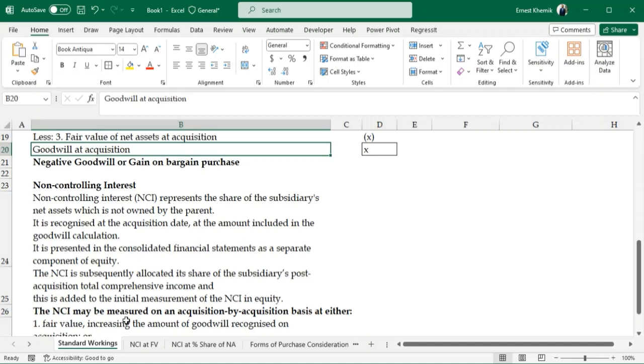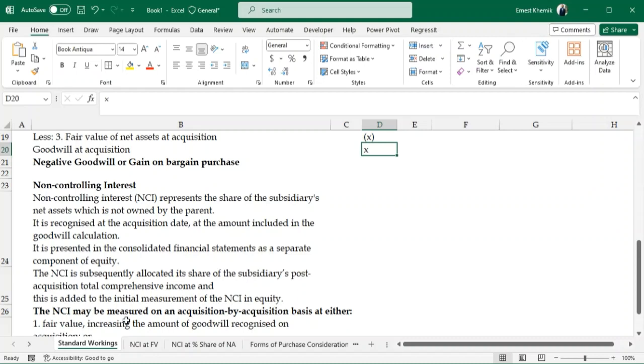I don't want to confuse you with plenty of standards yet, so let's just take it at that. So goodwill is subsequently tested for impairment. That is the subsequent measurement of goodwill. We subsequently test it for any impairment, and then if there is any impairment on the goodwill, we subtract it from this particular value here to get our goodwill at the reporting date.